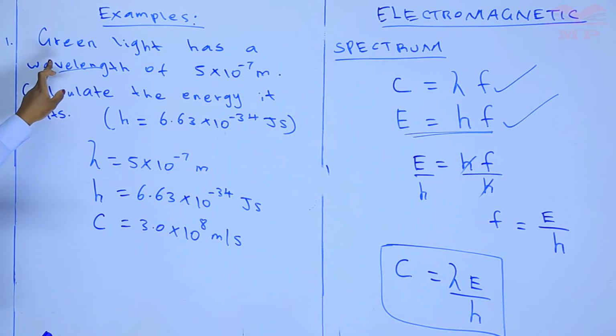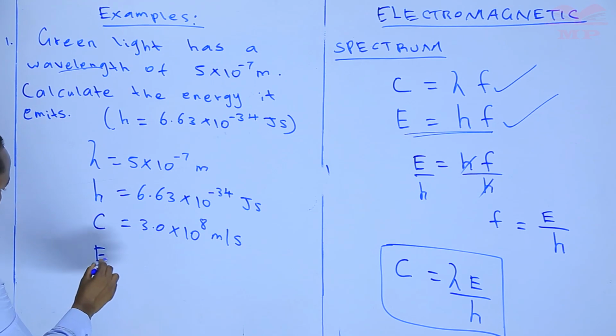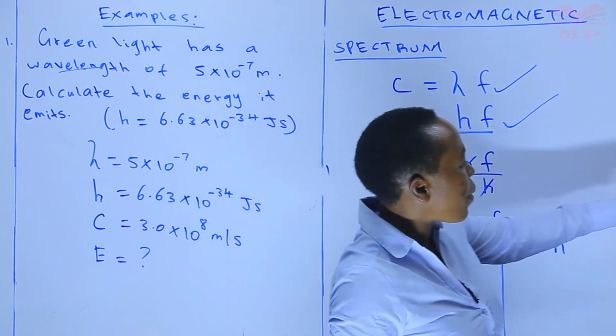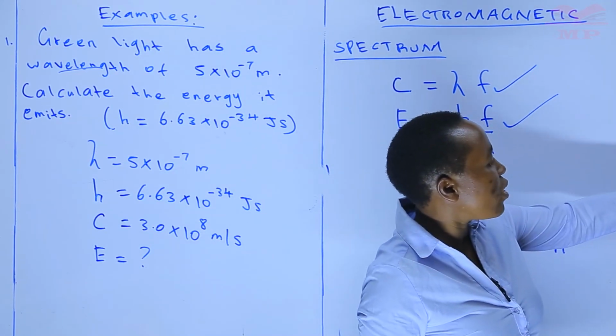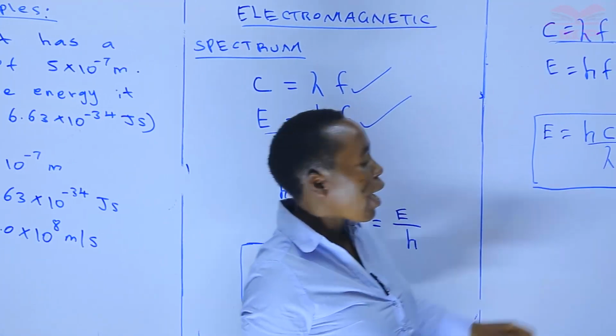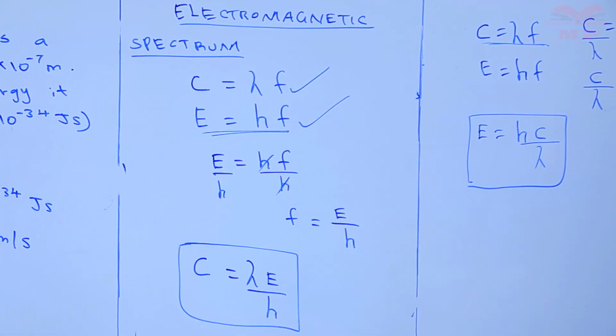And therefore, we are told to calculate its energy. So we are calculating the energy. So we can come to the formulas that we have and see which one we are going to apply. So we have this energy, Planck's constant, we have the speed of light, and we have the wavelength.